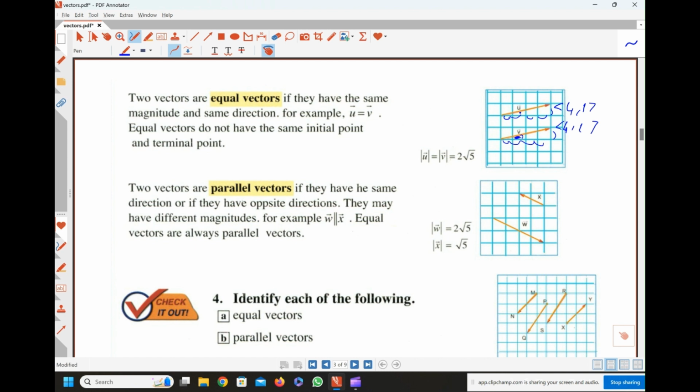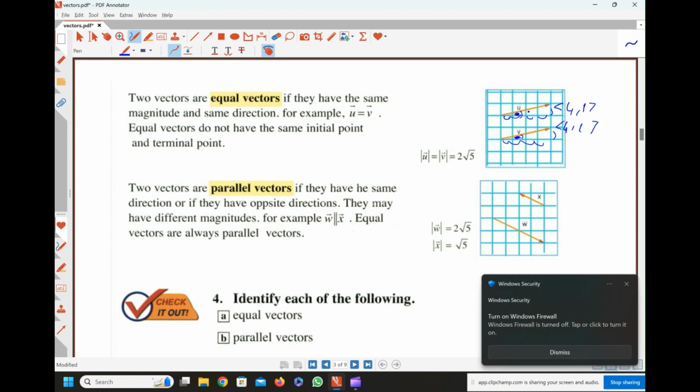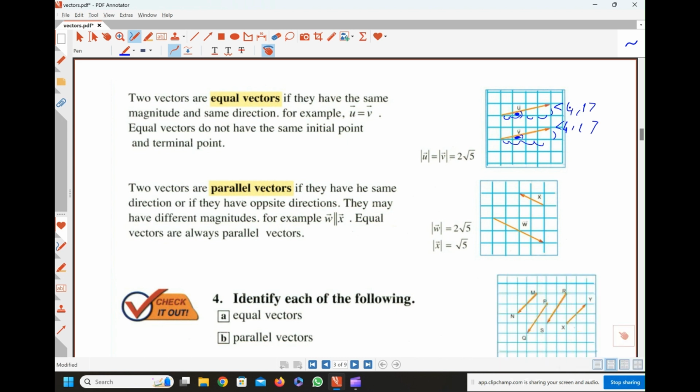Remember, to find the angle we were using trigonometric ratios, the tangent of theta, opposite over adjacent. Opposite is 1, adjacent is 4, so 1 over 4 for both. Having the same vector written in the same component form means your vectors are equal. So you should have the same component forms to get equal vectors.